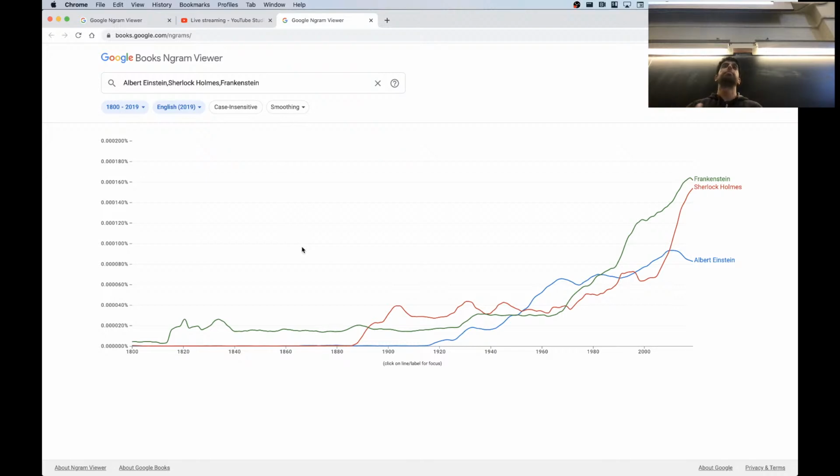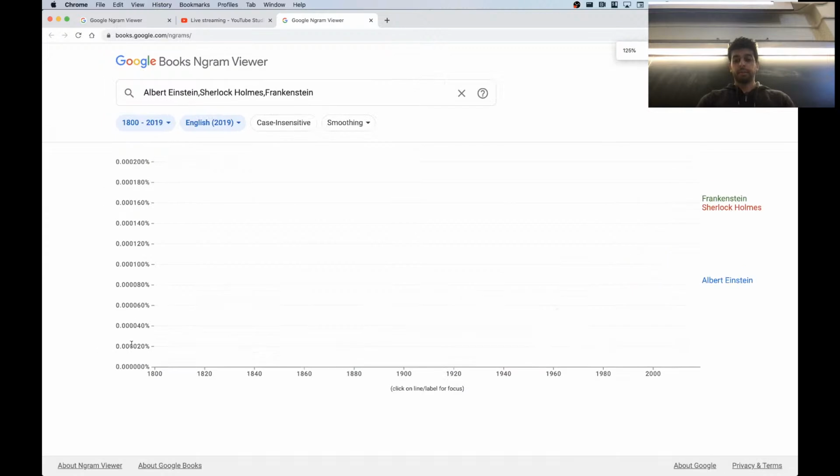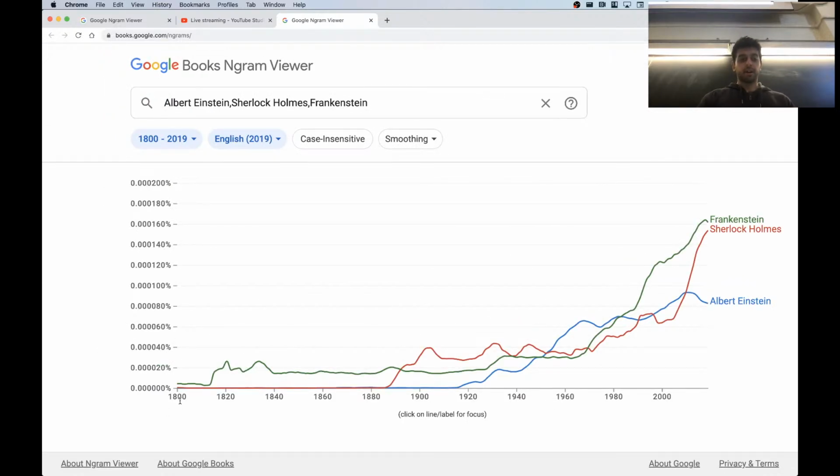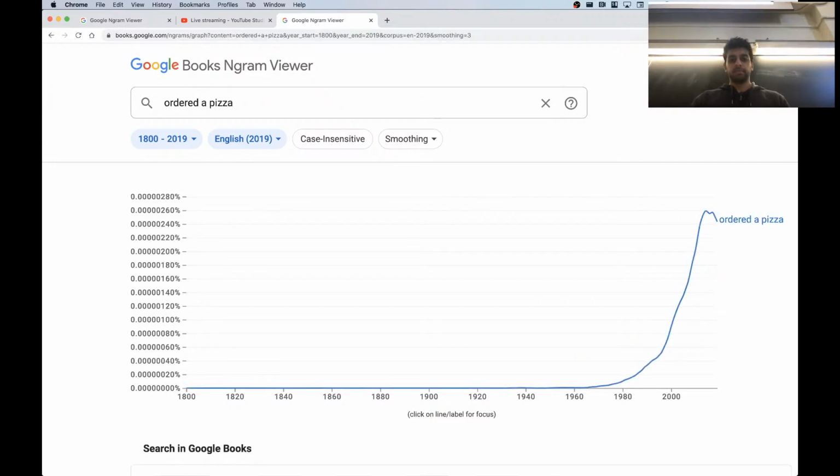So all of the books that have been digitized by Google, you can search through, and it's actually pretty interesting because you can see, maybe I can make this bigger, from the year 1800 to 2012, how the occurrence of certain phrases and words has changed over time. So, for example, if I looked at the phrase ordered a pizza, you can see that people were not ordering pizzas until around 1970, and then people ordered a lot of pizzas.